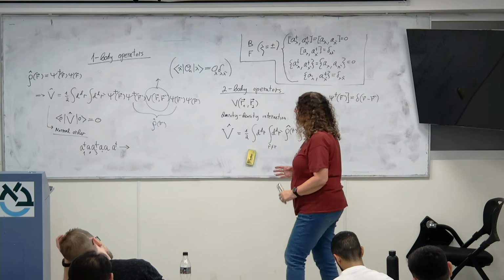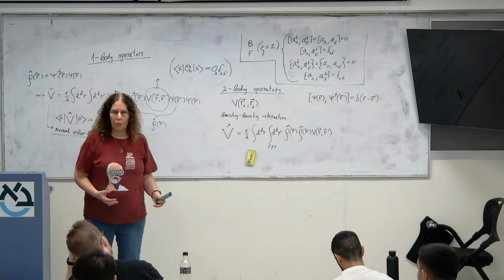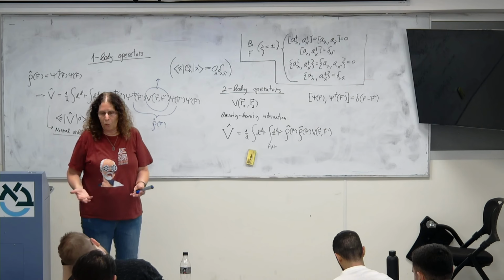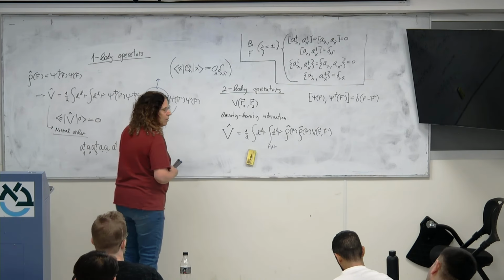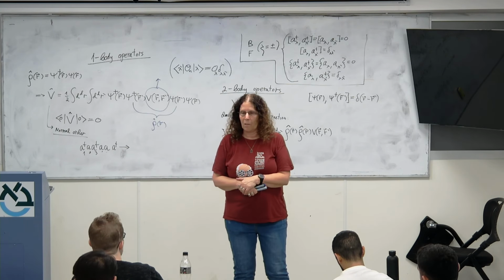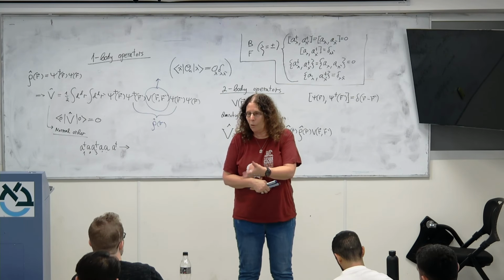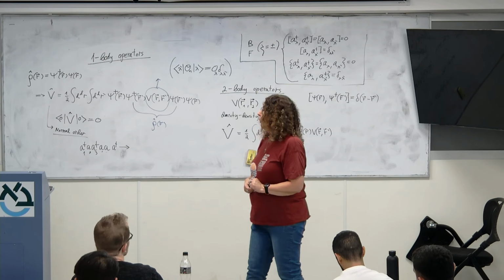So in this way it's written in the R basis, which is very special, and sometimes it's not convenient, right? Because the eigenstates of the particles are not in real space. They can be, for example, in momentum space, or they have some other quantum numbers.